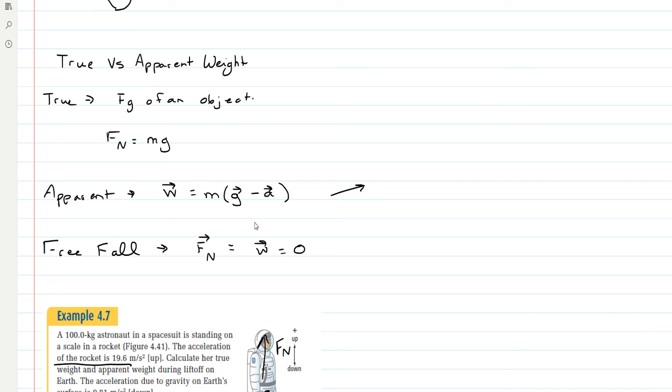I can explain that a little bit better here: when we have this setup, this becomes negative m(a minus g), which gives us that m(g minus a) setup.